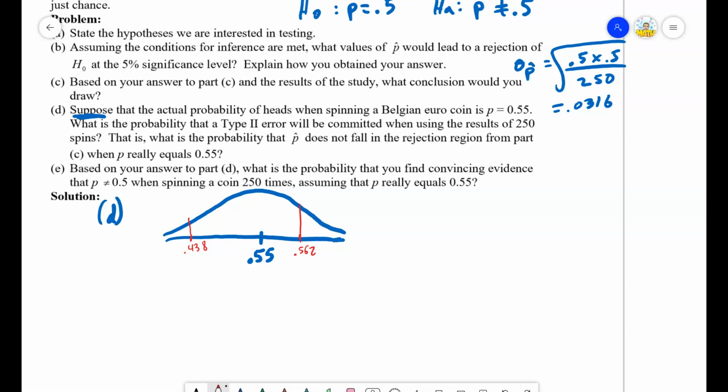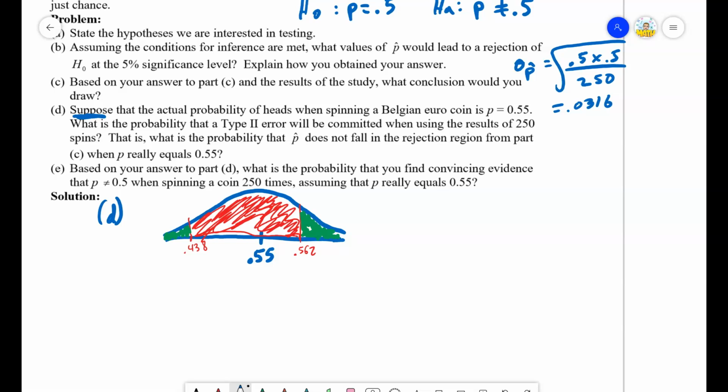Right? That's what the probability of the type 2 error is. And we saw earlier that I created these critical values, and we saw that the only way we were going to reject the null hypothesis, we were only going to reject it if something fell outside of this. So we're rejecting the null hypothesis if we get something in this area or we get something in this area. Now, it's going to be really unlikely we get something in that bottom green area, but our null hypothesis is kind of wrong.